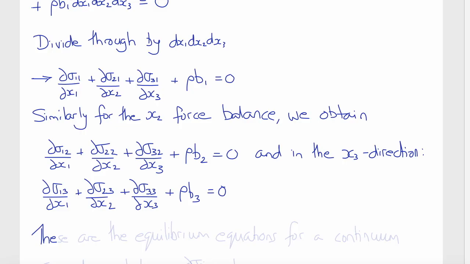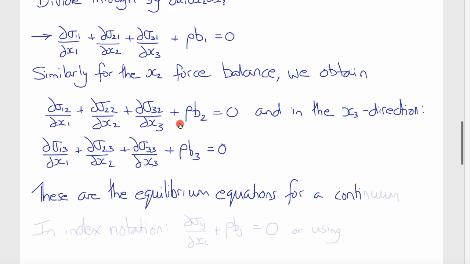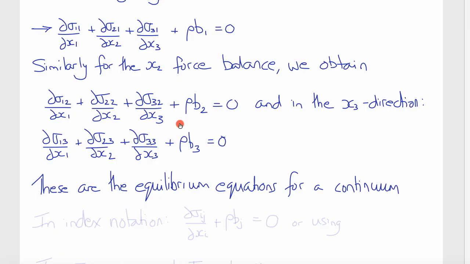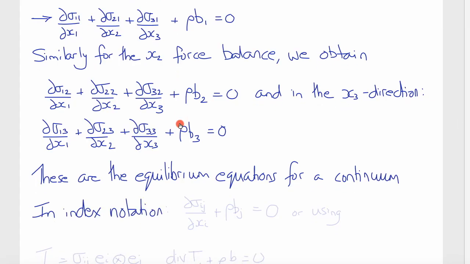And therefore, in general, we can write these equilibrium equations for a continuum more compactly using index notation as del sigma ij del xi.